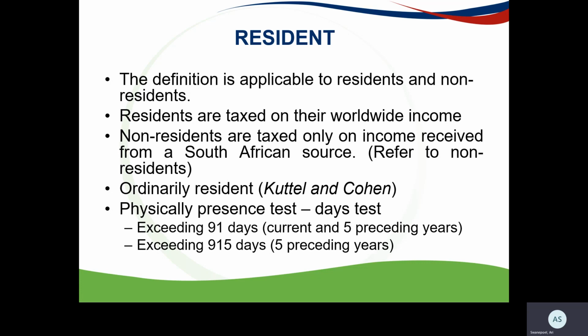So it's more than 91 days in each of those years. And in total, the person must be a resident in South Africa for more than 915 days in all of the 5 preceding tax years together. So if that applies, then the person will be deemed to be a South African resident.